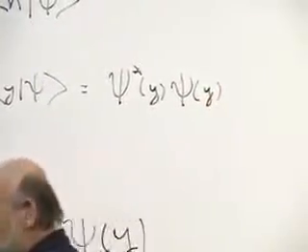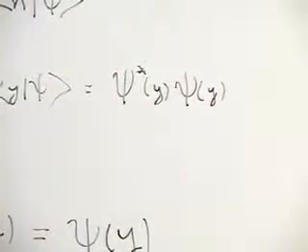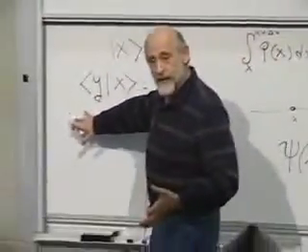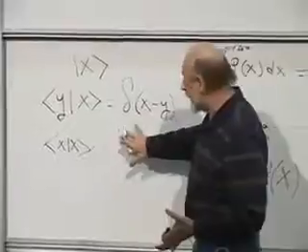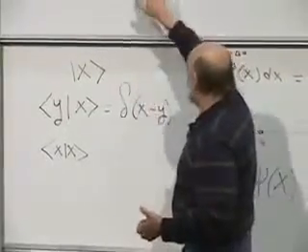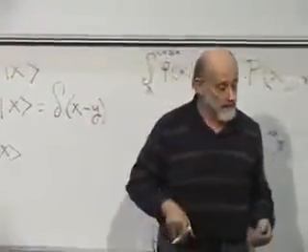All right, so that's applying the axioms to a particle moving on a continuous axis. And the only really new thing is that we have to deal with the continuum of eigenvalues, or the continuum of possibilities, by substituting for the Kronecker delta the Dirac delta.